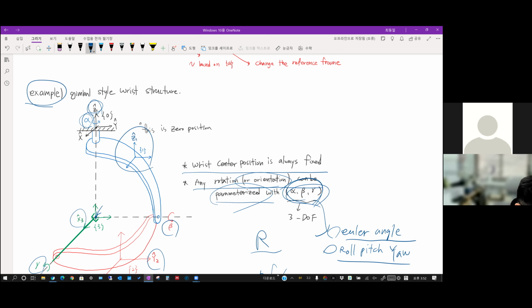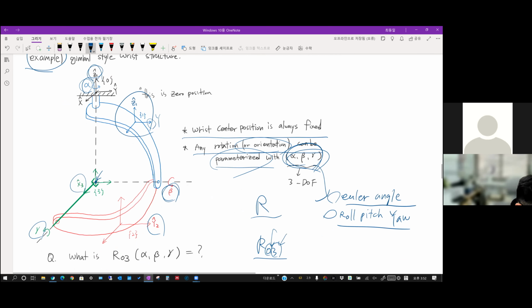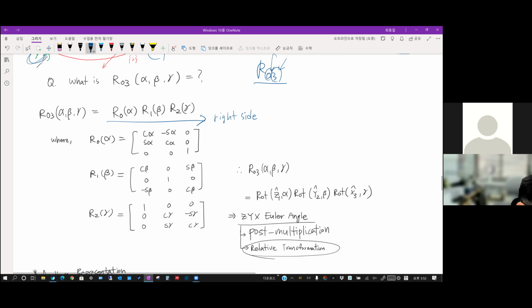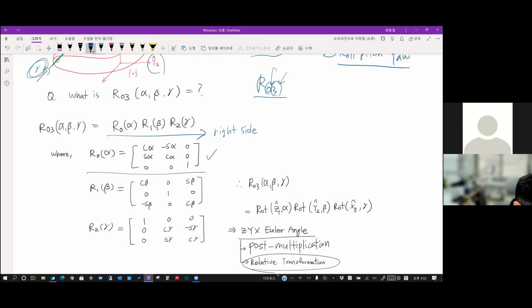In the moving frame, we use the Y axis and rotate by beta angle, and then we change the gamma angle using the X axis. So the first rotation matrix is like this. It's the Z axis, and this one is the Y axis, and then the X axis.